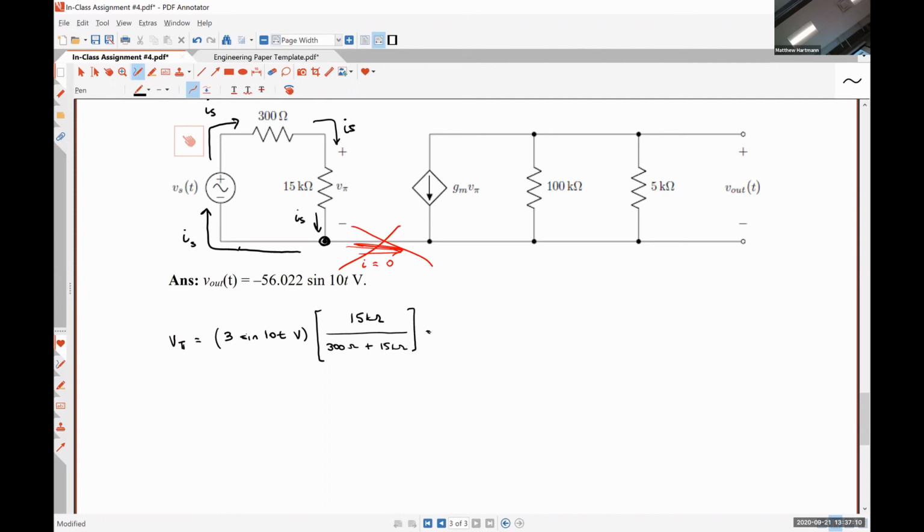And in doing so, I can see that the voltage drop over the 15 kilo ohm resistor is 2.941 sine 10t.